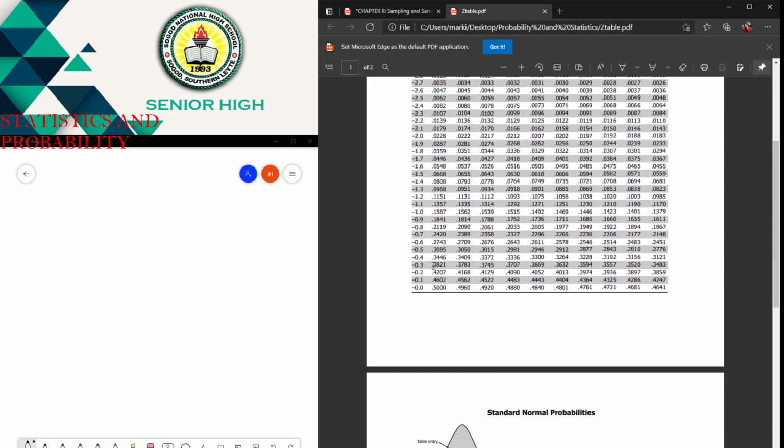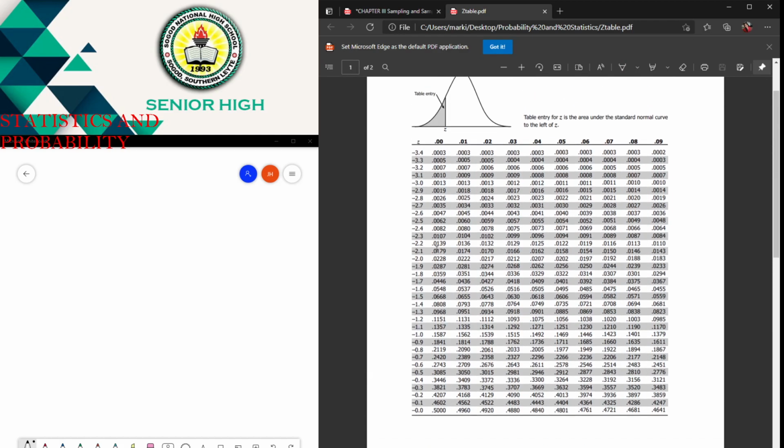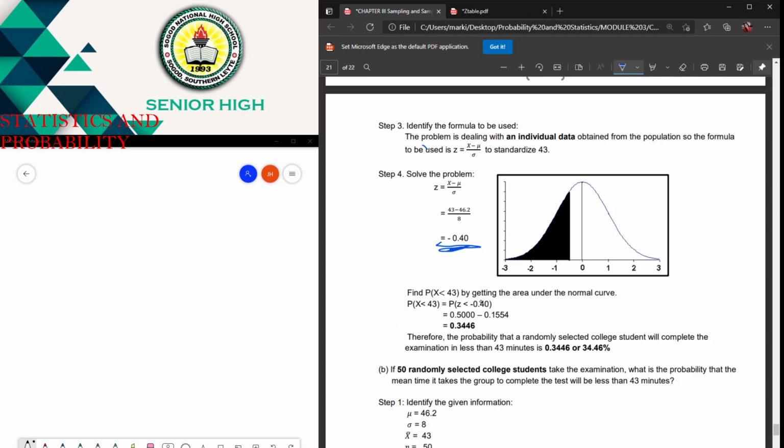So negative 0.4, then 0. Here, this is 0.3446.